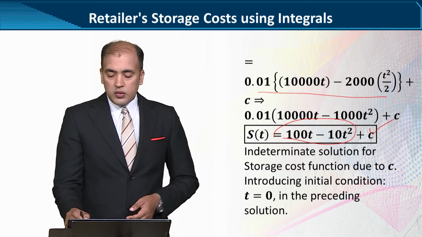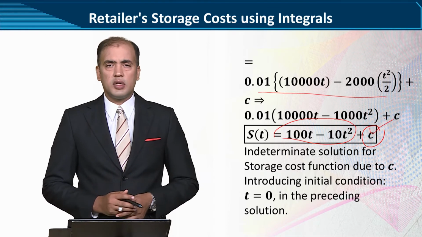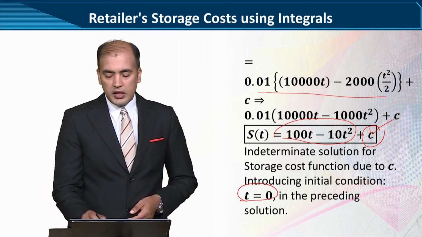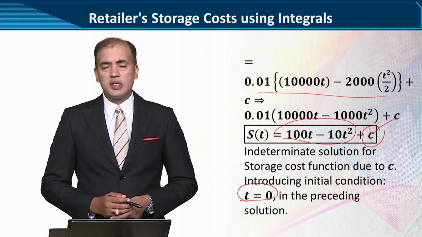Now we want to convert this general notation into a specific notation or a certain value, and that can be done if we introduce the initial condition जो हम पहले भी कर चुके. So we introduce t is equal to 0.